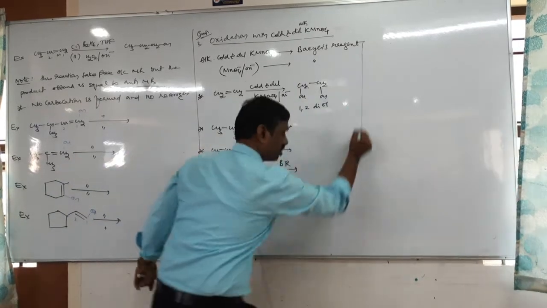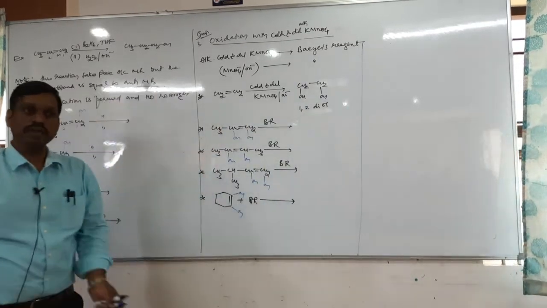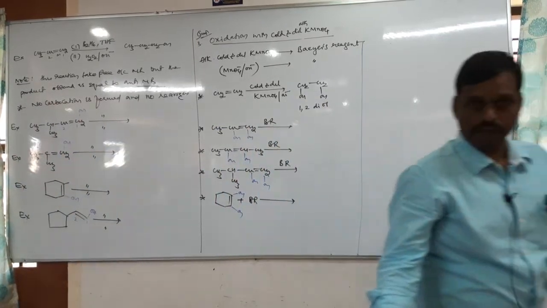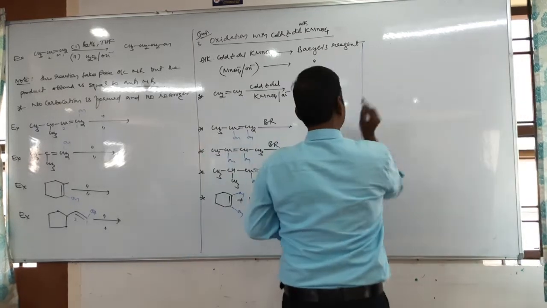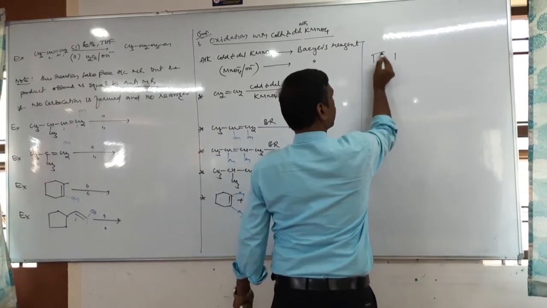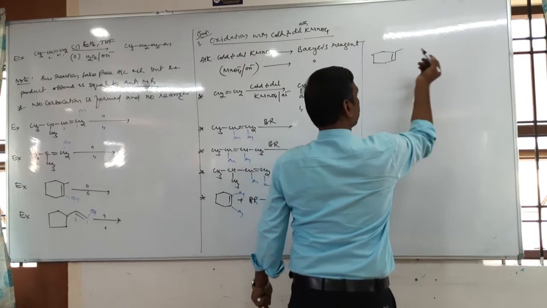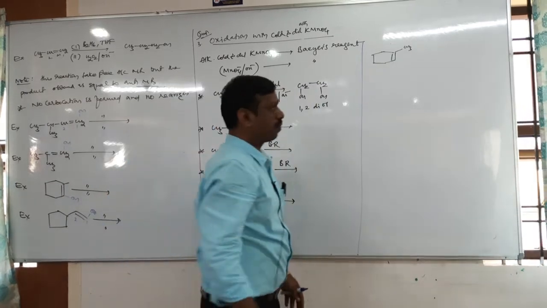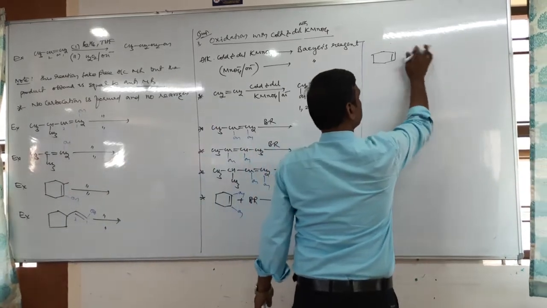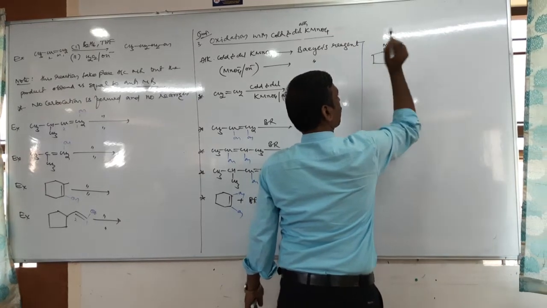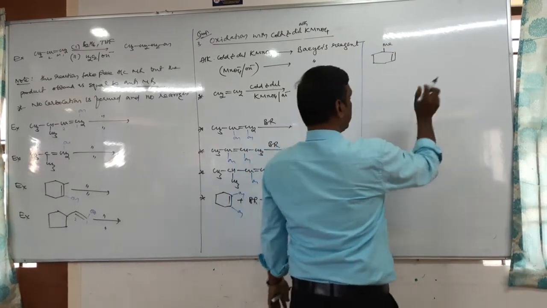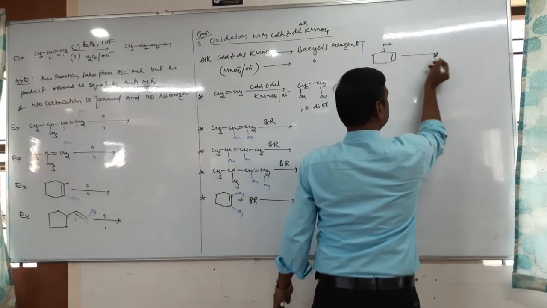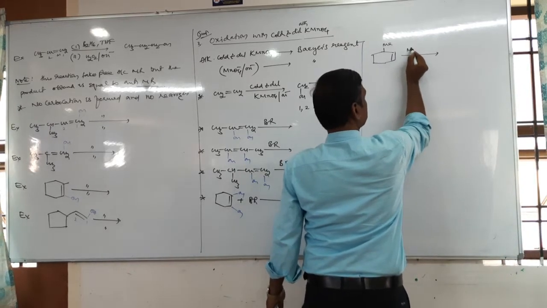But there is an importance of this reaction. So what is the importance of this reaction? See, for example, if you take an alkene with unsymmetrical carbon atoms, an unsymmetrical alkene, with a methyl group here. This unsymmetrical alkene reacts with Bayer's reagent. So what is the Bayer's reagent?